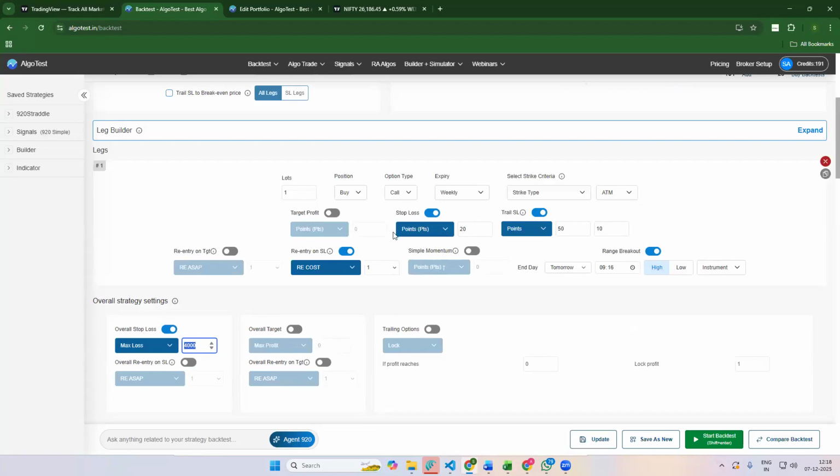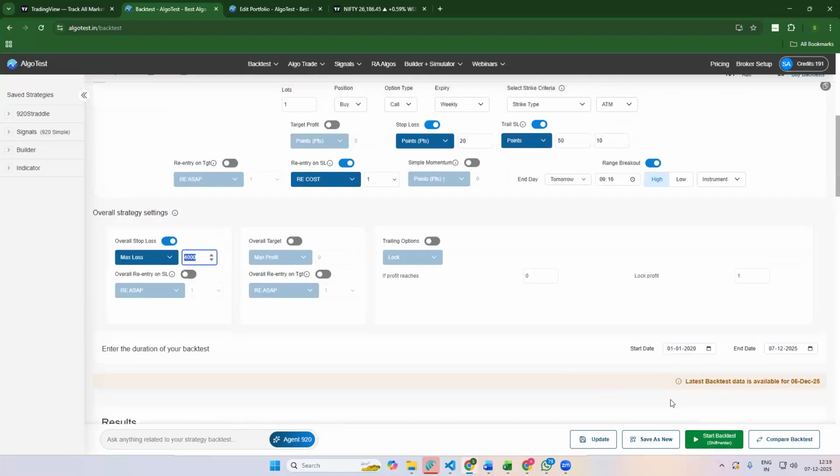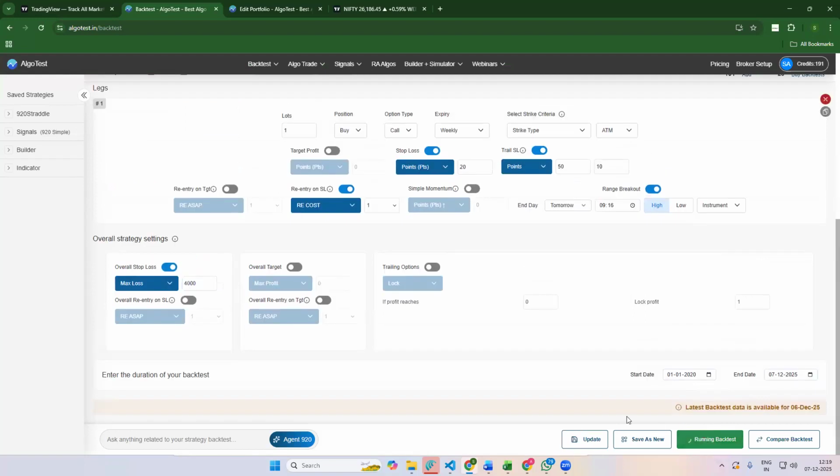So if I am invested like 20,000 rupees, then it should stop somewhere around 16,000. I should not lose my complete 20,000. Got that? Okay. Now we will start the backtesting over here from 1st of January 2020.